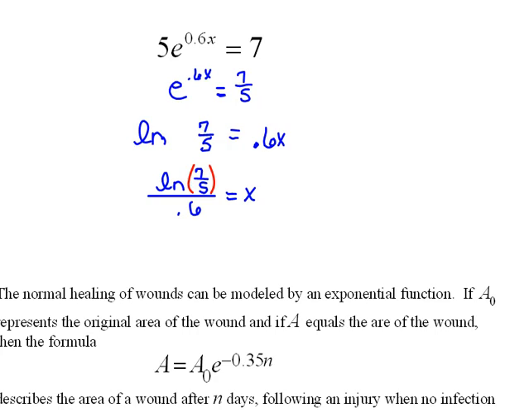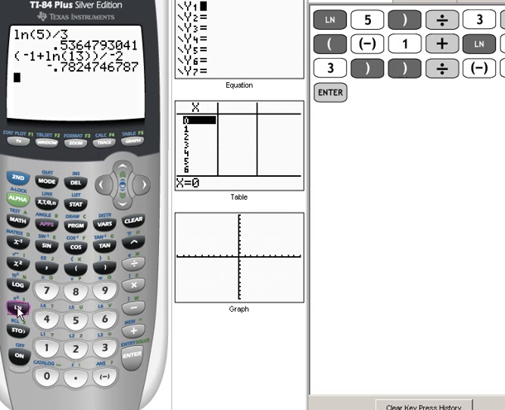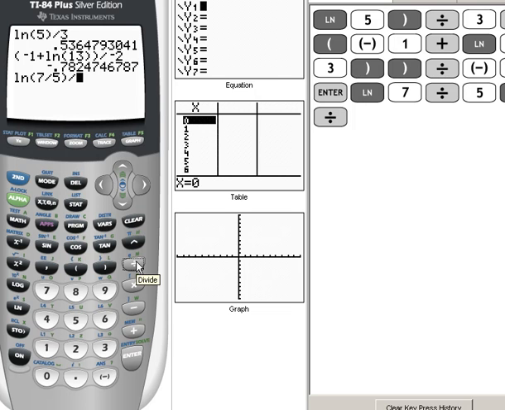So let's see what that would be. We would have the natural log of 7 divided by 5, close the parenthesis for the argument, then divided by 0.6, which would be, rounded to 3 decimal places, 0.561.